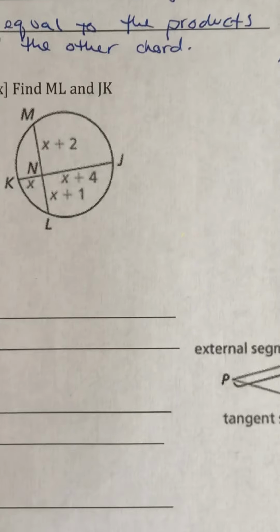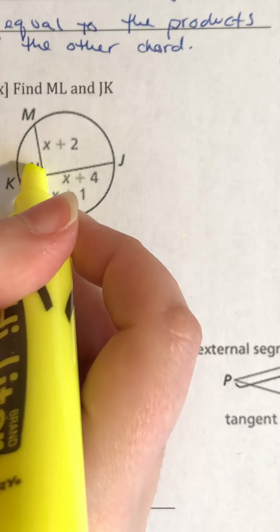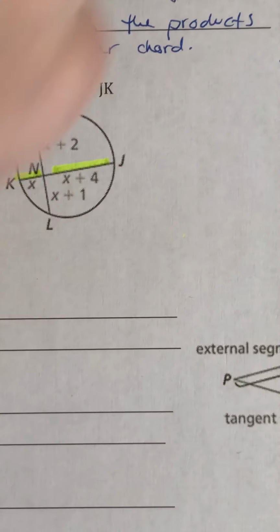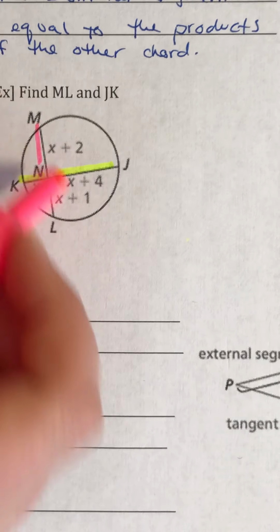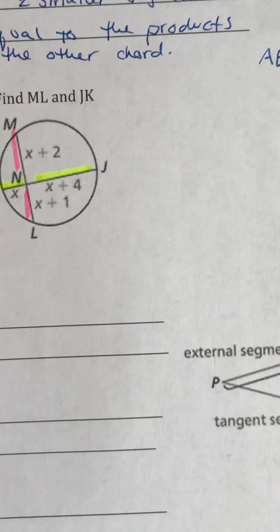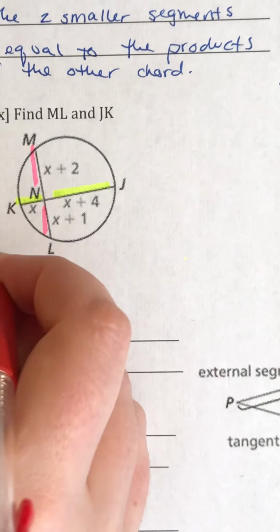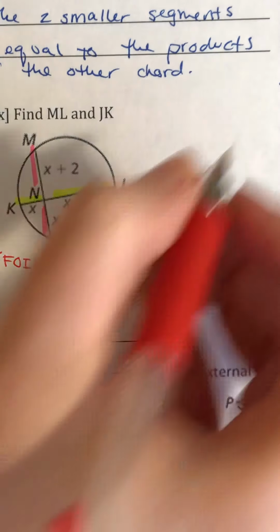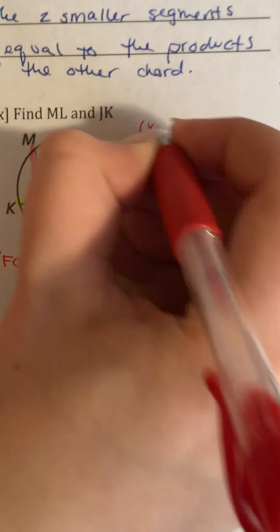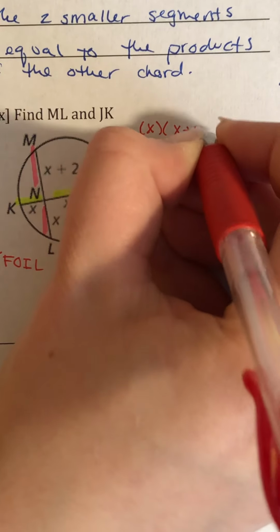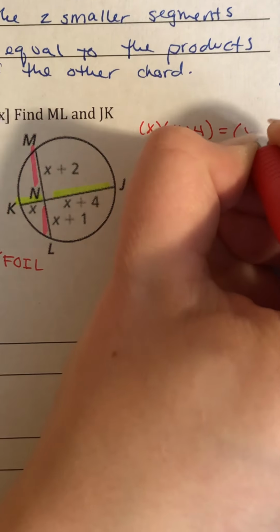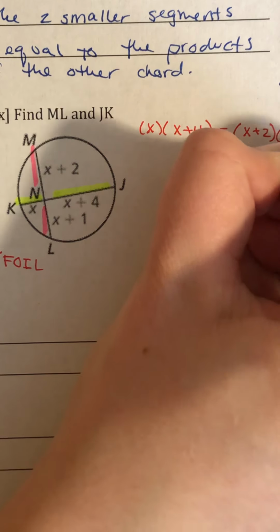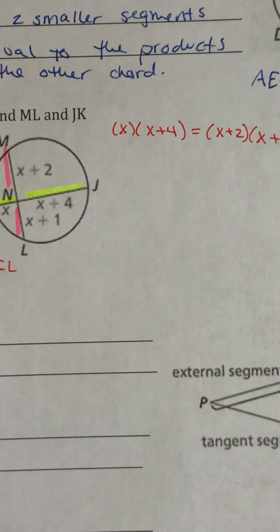All right, this next one has a lot of x's, but don't be alarmed, we'll be fine. So here I want x times x plus 4 and x plus 2 times x plus 1. So we are going to have to FOIL here. So we want to make sure that we're careful when we're FOILing. So I have x times x plus 4 is x plus 2 times x plus 1.